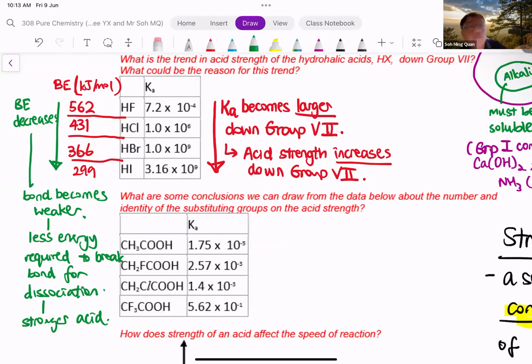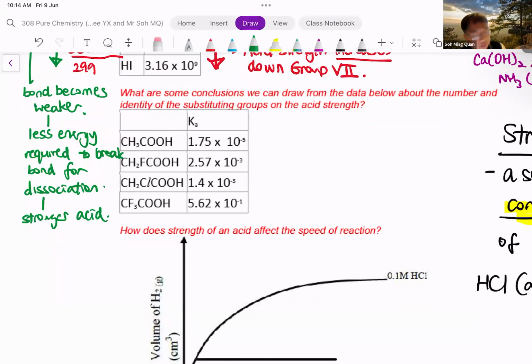Now let's see carboxylic acids. Carboxylic acids are organic acids, so they are made up of carbon, hydrogen, and oxygen. First we can see CH3COOH, that's 1.75 times 10 to the power negative 5.